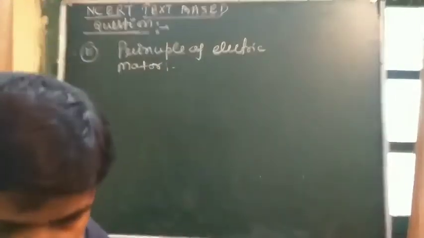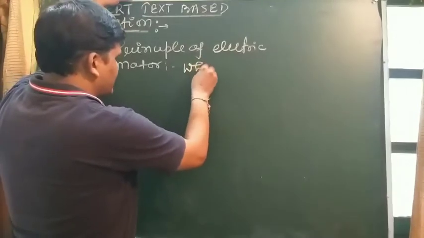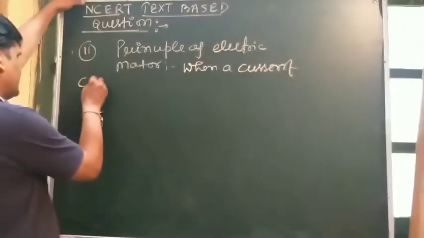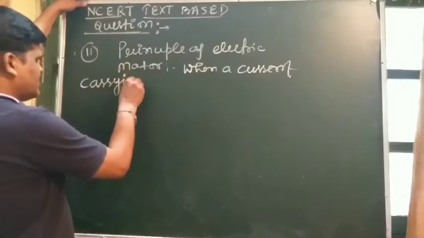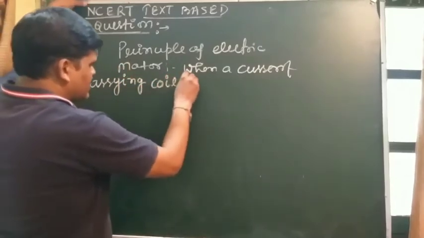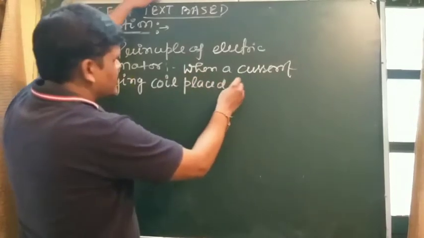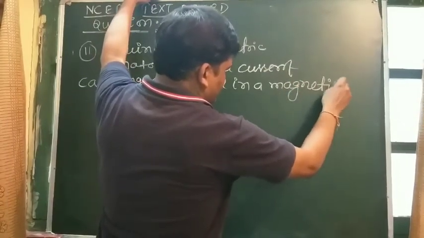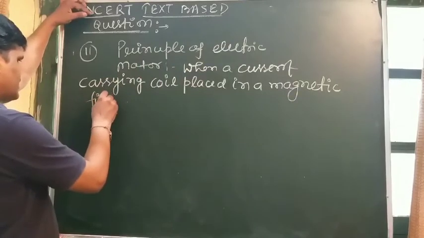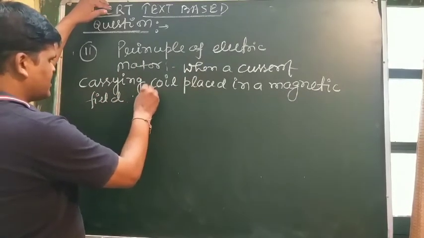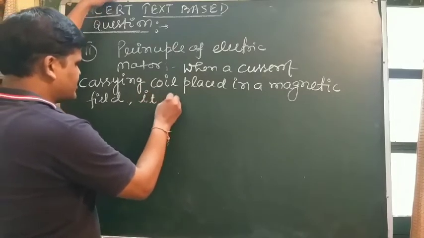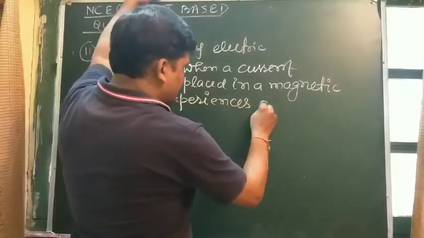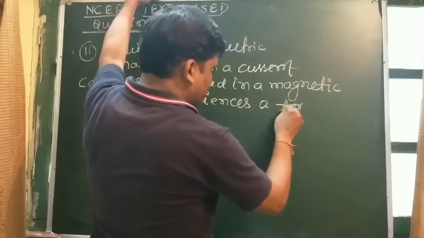You know that the principle of electric motor is: when a current carrying coil is placed in a magnetic field, it experiences a torque, T-O-R-Q-U-E.